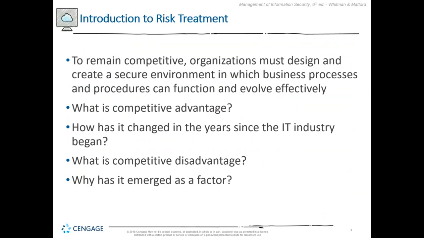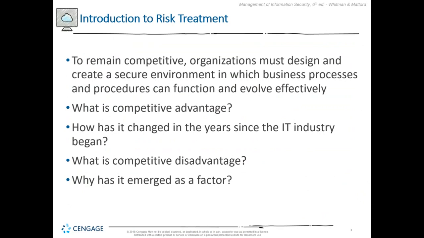All right, so we're looking at what a competitive advantage is and how it's changed in the years since the IT industry began. First, I always say a competitive advantage is when an organization has a business model, method, or technique that allows it to provide a product or service that's superior to competitors.